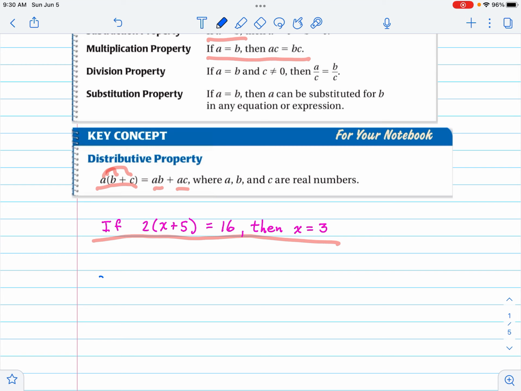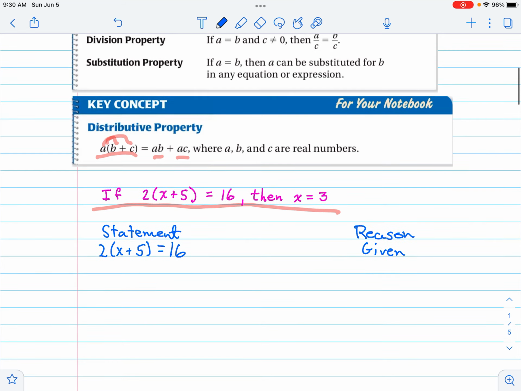First, we'll write down 2 times (x plus 5) equals 16, and this is given. Over here we'll put a statement, and over here a reason. Not all proofs are constructed like this, but this is a 2-column proof: a statement, and right beside it, the reason. This is the vehicle we're going to use.